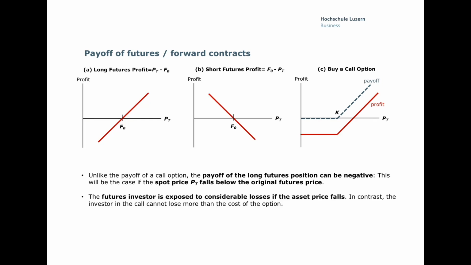In contrast, the investor in the call cannot lose more than the cost of the option. Finally, it is important to notice that any futures contract is a zero-sum game, meaning one counterparty achieves a gain while the other faces a loss. In other words, this means that gains and losses net out to zero.